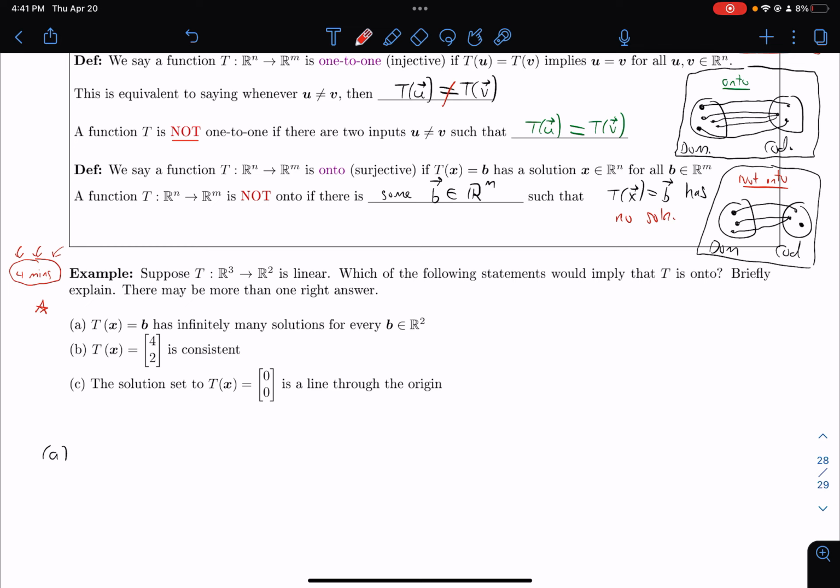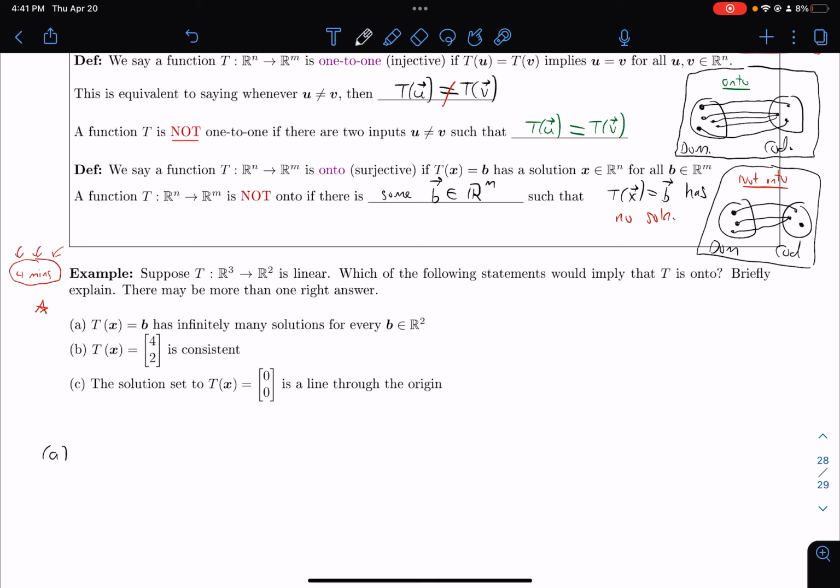Okay, so part A is saying Tx equals b has infinitely many solutions for every b in R2. Well, something is onto if the equation Tx equals b has a solution for every vector b in the codomain. And this is saying that. Actually, it's telling us a little bit more. It's telling us not only is there a solution, there's actually infinitely many solutions.